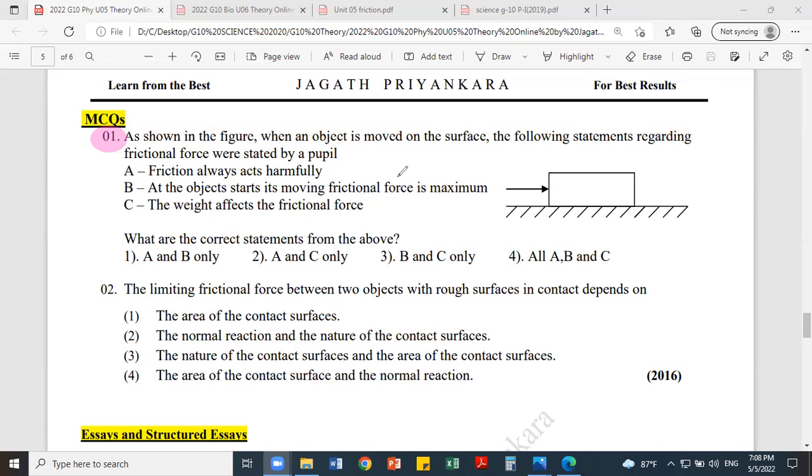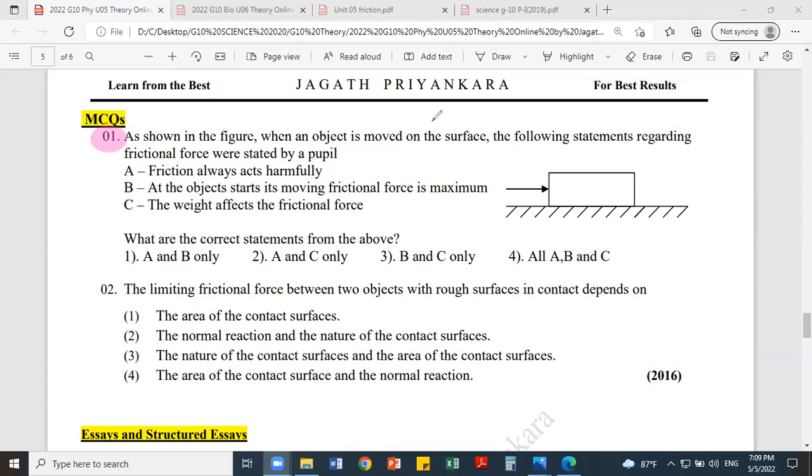Sohana, what is the answer? B and C only. Bhatika? C only. Sir, A and C. Okay, A and C, C only.